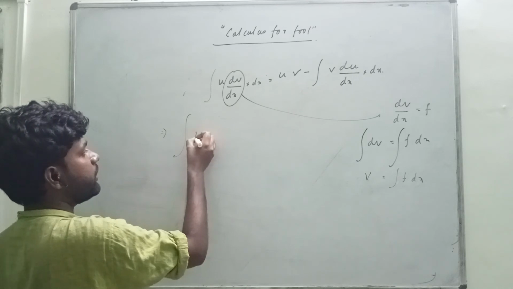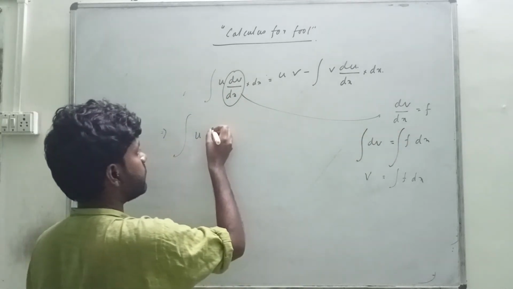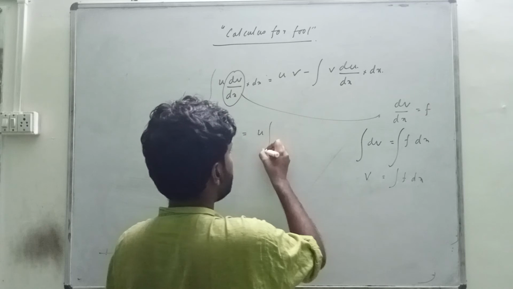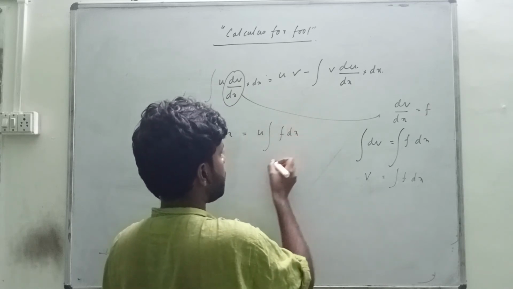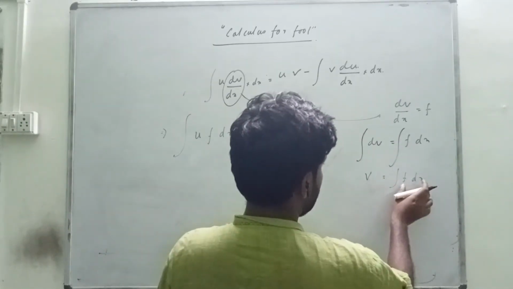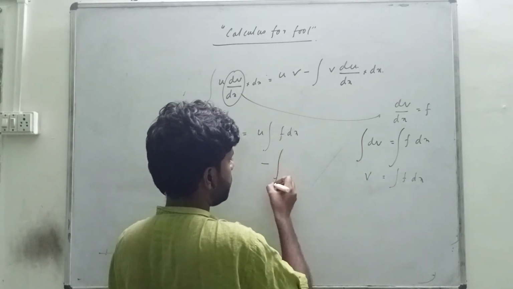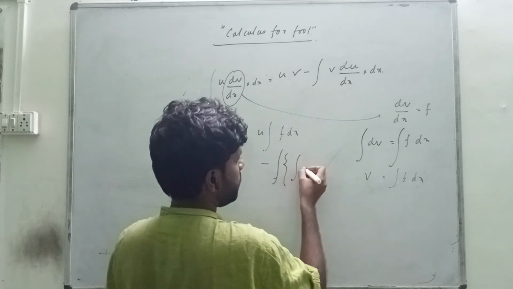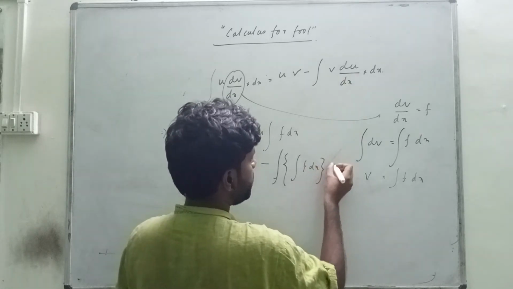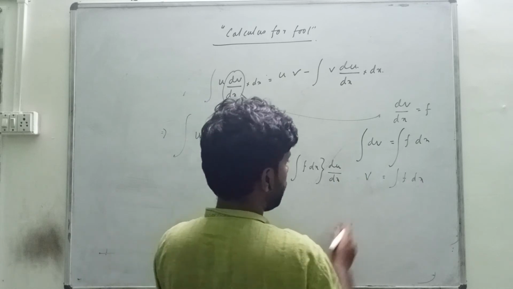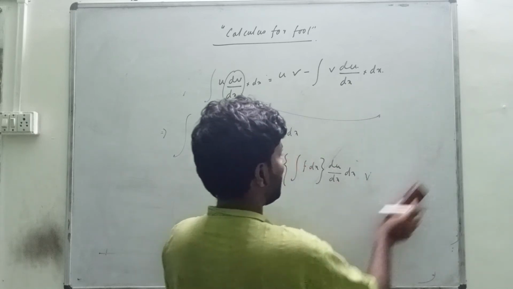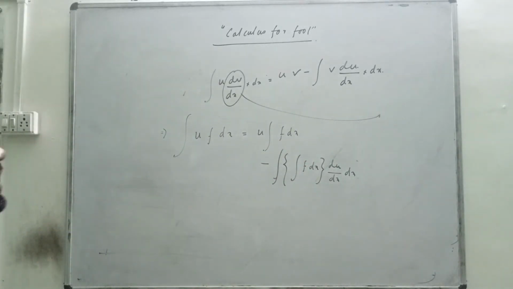So what you will get is u dv over dx, where dv over dx equals f, equals u times v, where v means the integral of f dx, minus the integral of v, that is the integral of f dx, times du over dx, with dx, right? Probably it is your by parts formula.